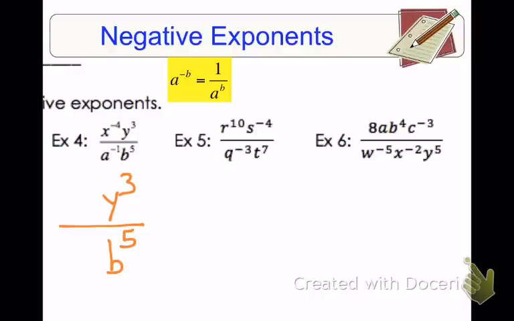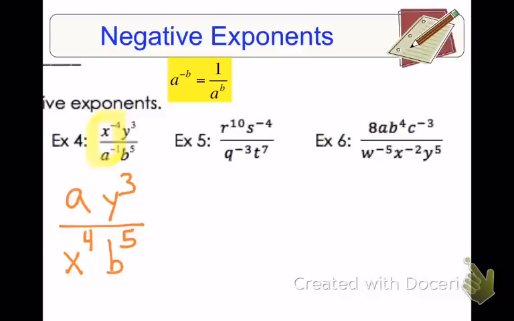I am going to go ahead and switch these 2 from where they're currently at to the opposite side, and that's not working out for me. Let's use the highlighter. So I'm going to go ahead and put a to the -1 on the top as a positive 1. With or without the 1 is fine. X to the -4 is going to go to the bottom, but it's going to become a positive 4. And that's my final answer. That's how I changed from negative to positive exponents.